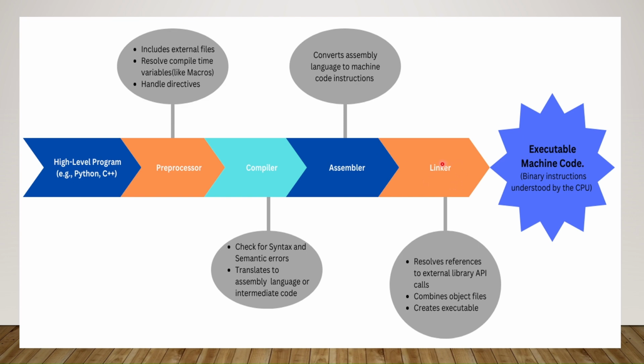And if you are referring to any external libraries or external APIs, it will also link those to your source code. Finally the linker will generate the executable which you will run on the target platform.